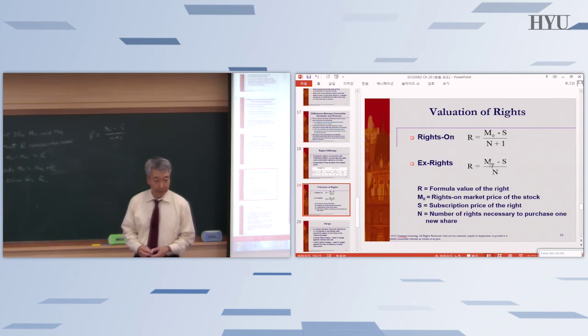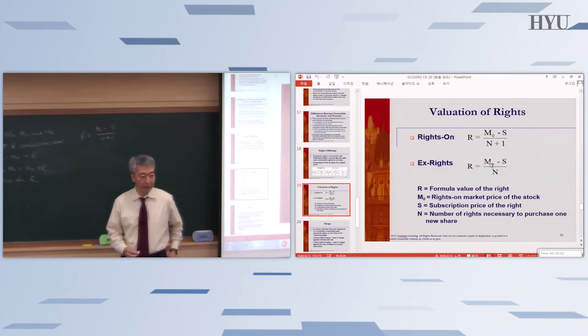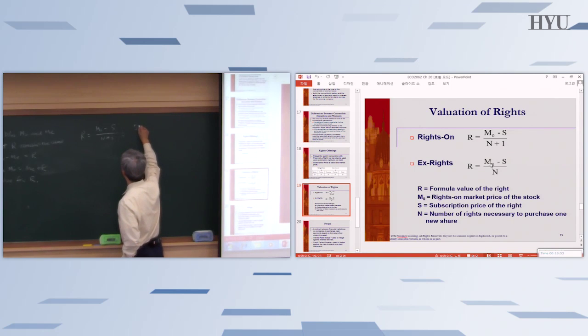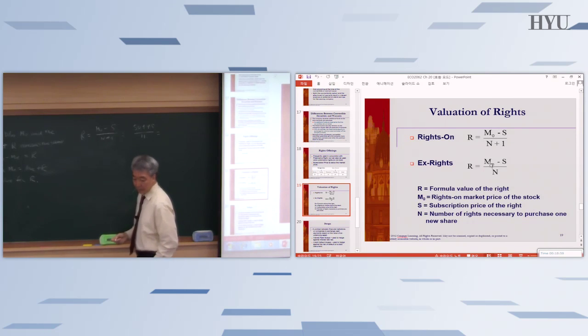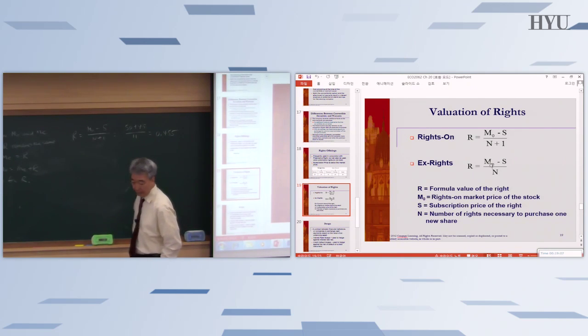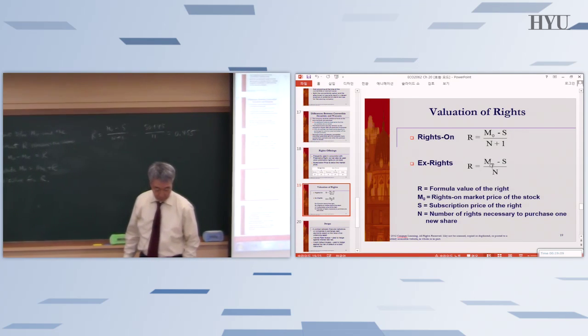That implies that the rights-on price is 50. So it should be 50 minus 45 divided by 10 plus 1. Right, 5 divided by 11, and that's 0.455. Very good.